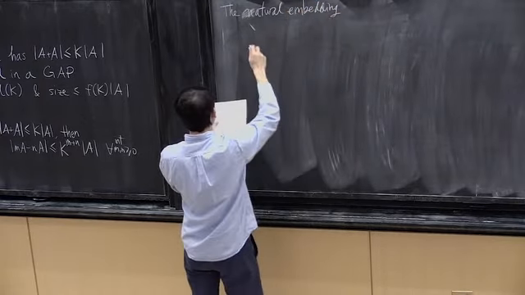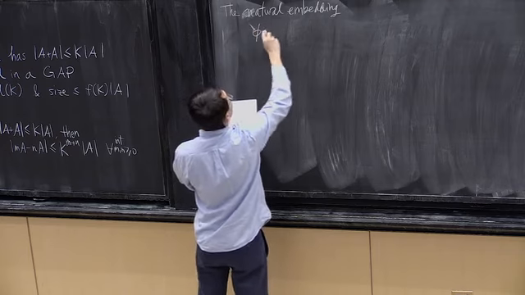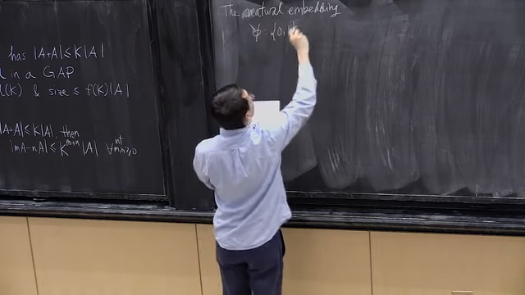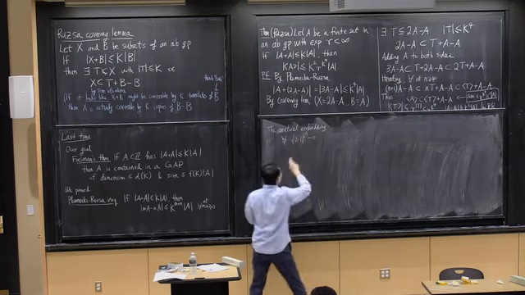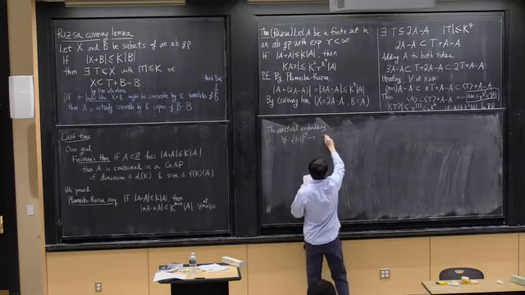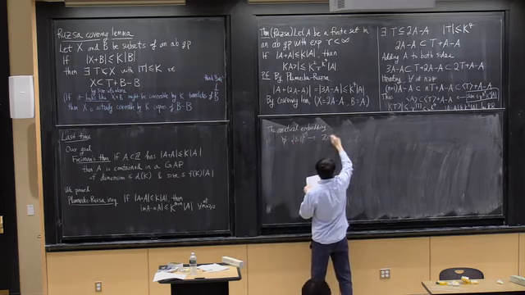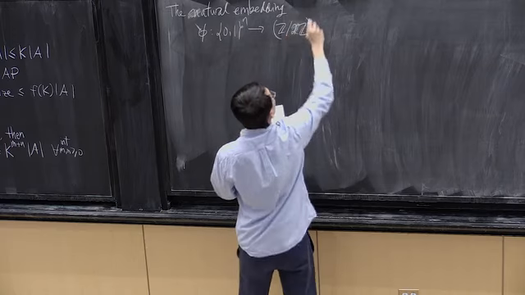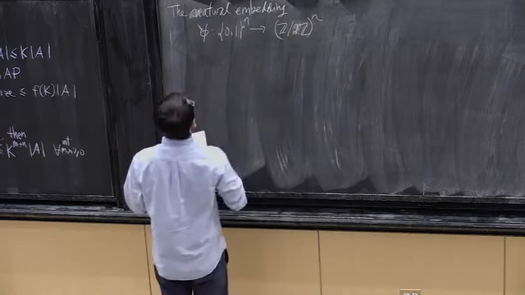So the natural embedding that sends the Boolean cube to the Boolean cube, but viewed as Z mod 2 to the n.